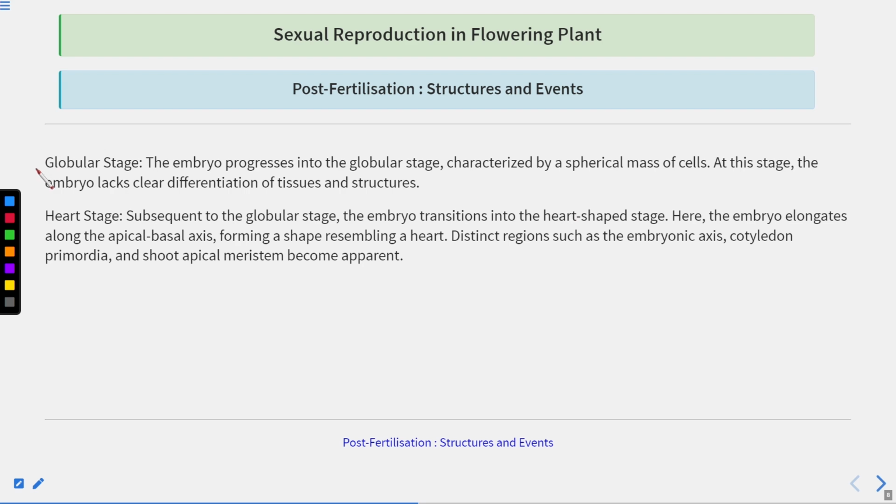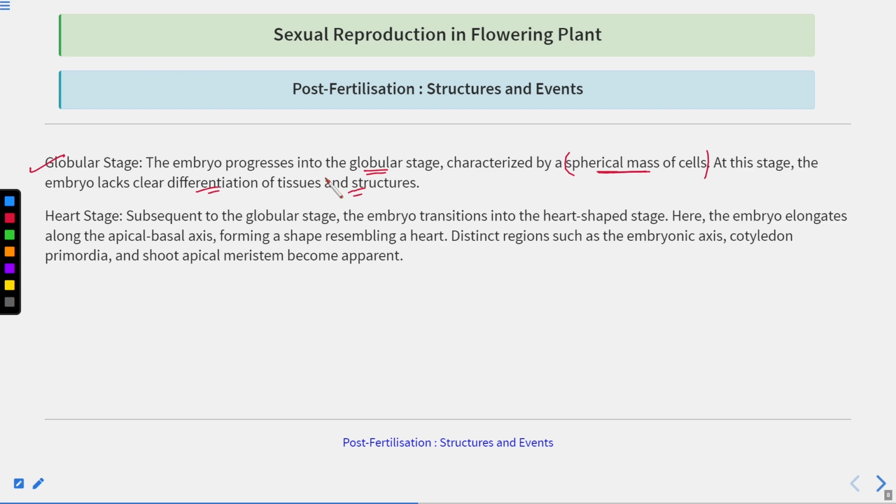Now let's move on. The next stage is the globular stage. The embryo progresses into the globular stage, which is characterized by a spherical mass of cells. That's why it is known as the globular stage. At this stage, what happens? The embryo lacks clear differentiation of tissues and structure.